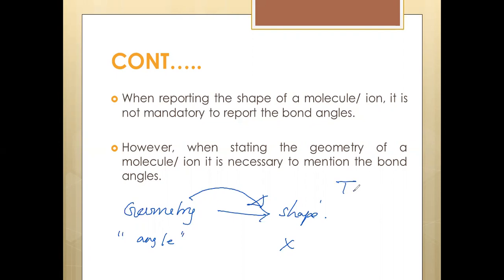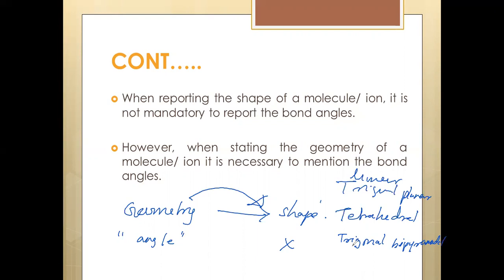What are the different shapes under the trigonal planar? Linear, tetrahedral, then the next one, trigonal bipyramidal, and finally octahedral.